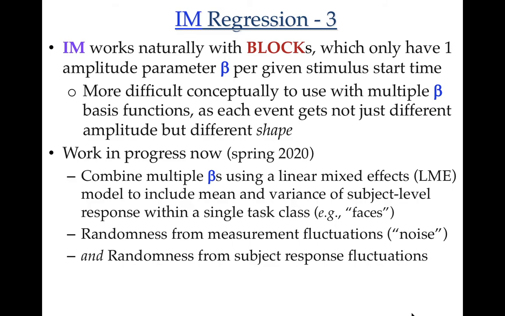That is, we calculate the randomness from the noise and the randomness from the fluctuations in the subject response, and that's 2 kinds of randomness mixed together, which requires using what's called a linear mixed effects model. And the promise of this is that it can give more robust results than just assuming that there's a mean subject level response and there's no variability in the subject level response.